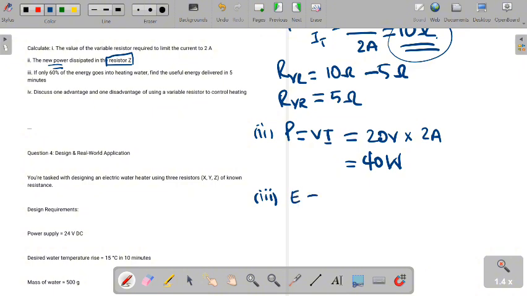Now energy is equal to power times time. So the power of the circuit is 40 watts. The time we're talking about is 5 minutes. So that's 5 times 60 seconds. This gives us 40 multiplied by 5 times 60. That's 480 joules.